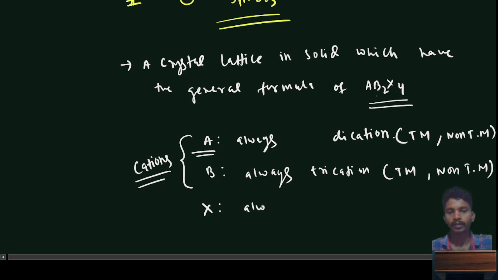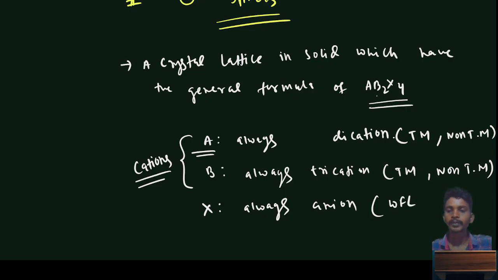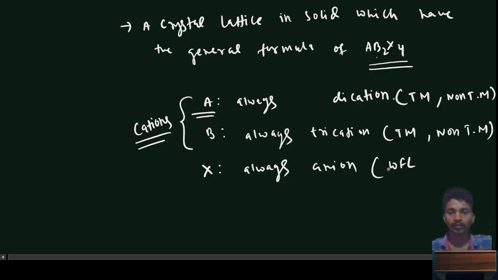X is always anions, and we say these are always weak field ligands, like O2 minus, F, any ligands which are actually weak field ligands.